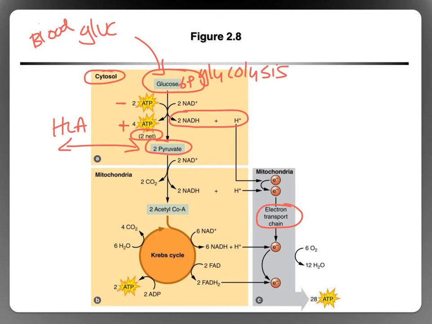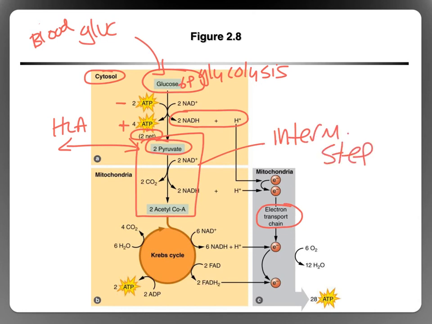Let's trace it. Let's assume that they all go into the mitochondria. What happens next is called the intermediate step, where pyruvate becomes acetyl-CoA. And we have 2 pyruvates because we started with glucose, so we end up with 2 acetyl-CoAs. So everything is double.